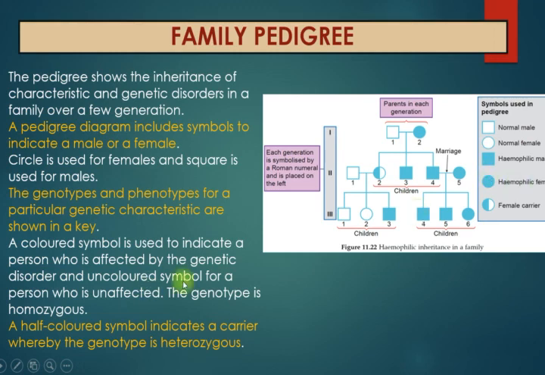An uncolored symbol refers to a person who is unaffected, whose genotype is homozygous. A half-colored symbol indicates a carrier, whereby the genotype is heterozygous. That is the explanation for the family pedigree of hemophilic inheritance in a family.